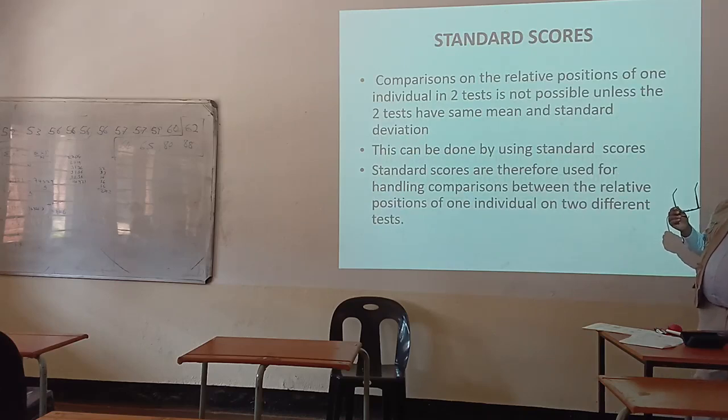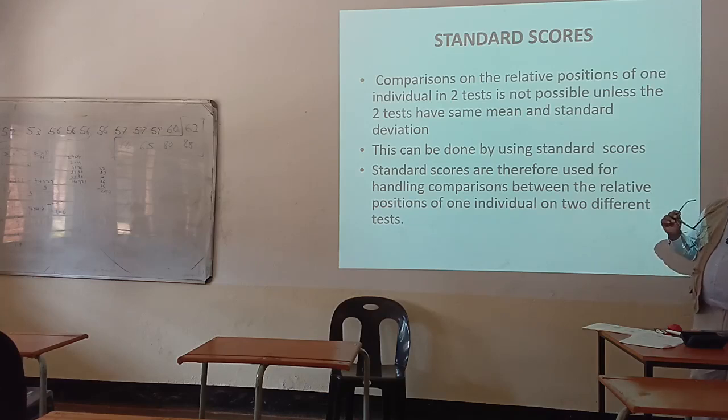Standard scores are used for comparing relative positions of one individual in two tests, which is not possible unless those two tests have the same mean and the same standard deviation. So for you to be able to compare two tests, you need to bring them to the same level of measurement.